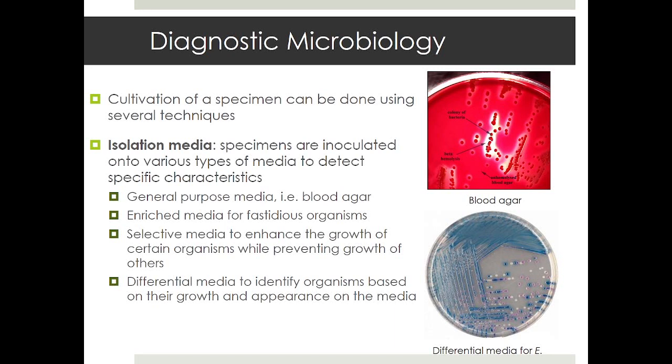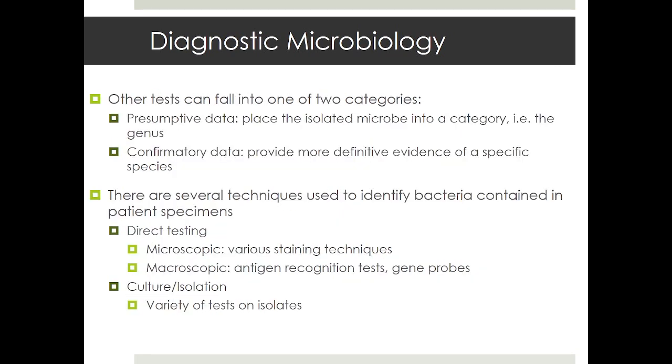And these again will help us to bolster the growth of a certain group of organisms that we think could be responsible, or group them based on their colony characteristics that might arise from growing in certain types of media conditions. But at the end of the day, you need to be able to grow your specimens in culture and then assess them in some way to determine their identity. There are other tests as well that can fall into one of two categories.